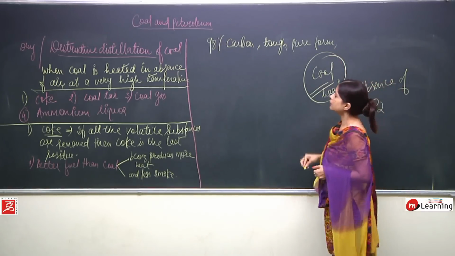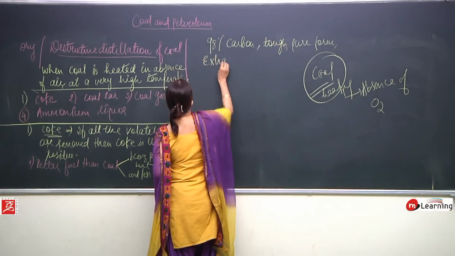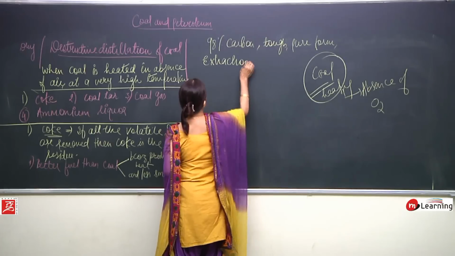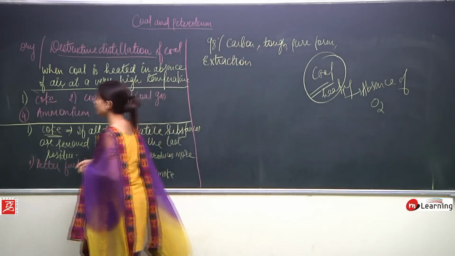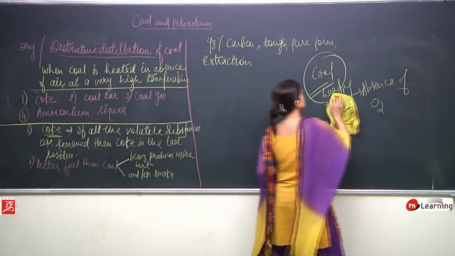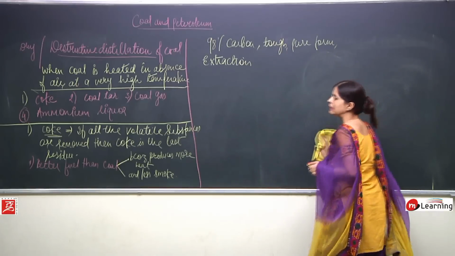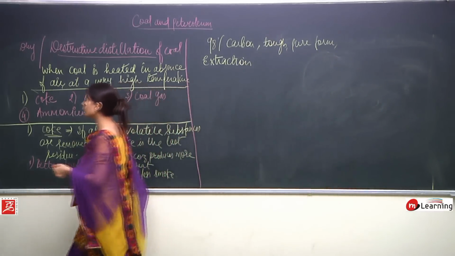Okay, and where is it used? It is used in the extraction of metals. Now children, what is the meaning of extraction? Extraction is when a particular metal is removed from the ores.